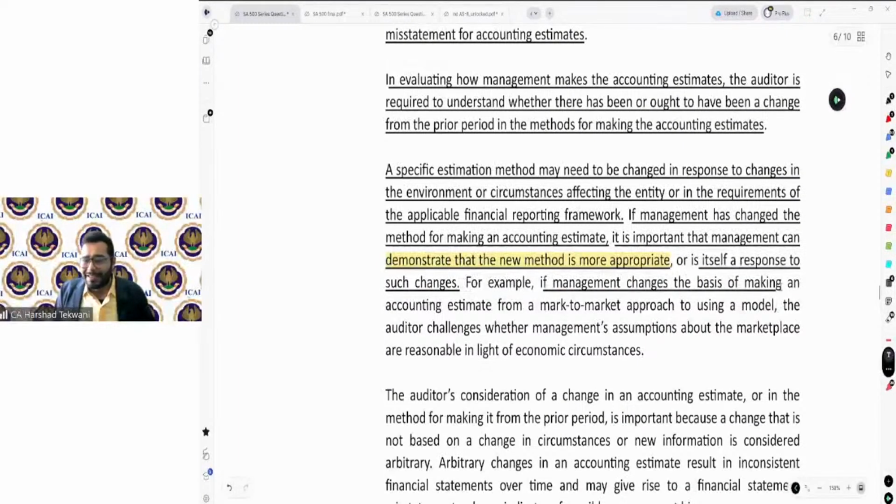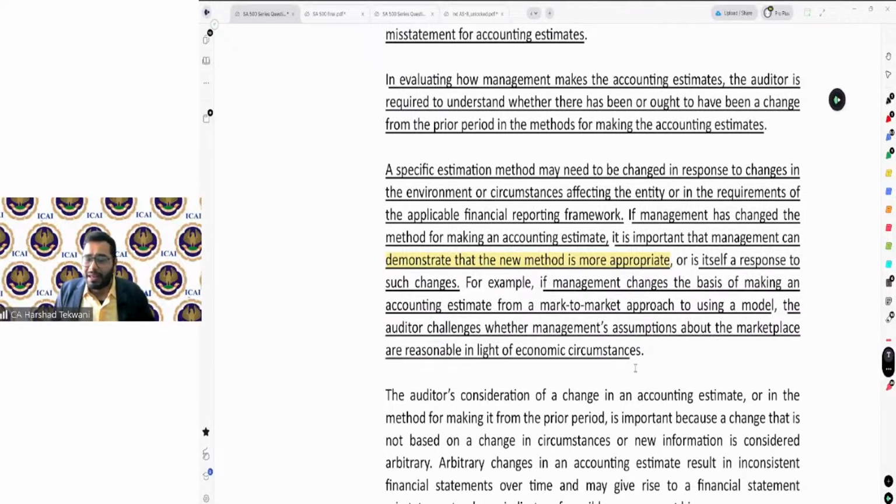For example, if management changes the basis for making an accounting estimate from mark to market approach to using a model, the auditors challenge whether the management assumptions about the marketplace are reasonable in the light of economic circumstances. So the auditor needs to challenge the management whether the change is appropriate.